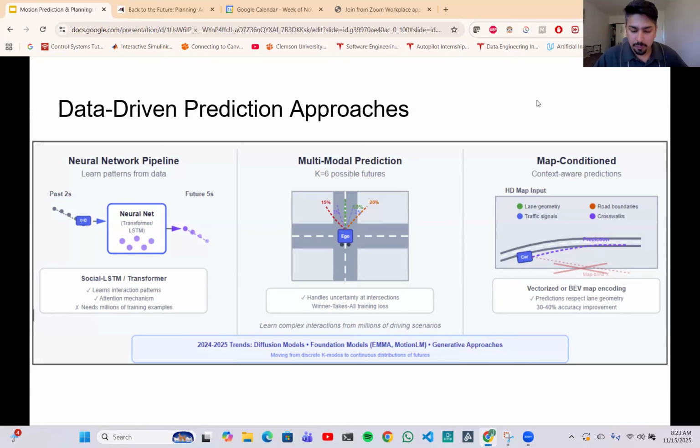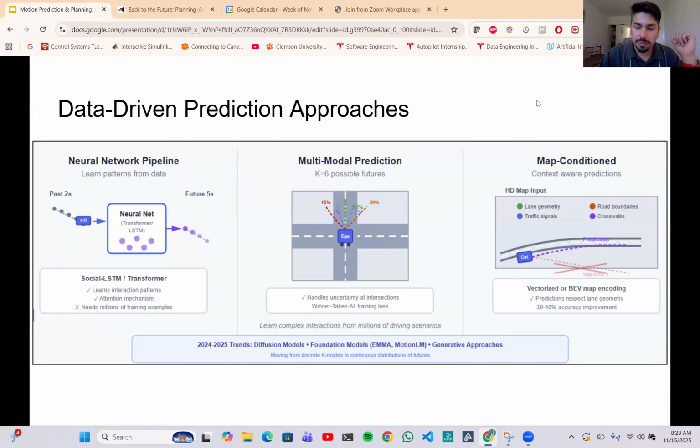But in this world, what we're talking about is more open loop predictions. These are just predictions for the other agents, and these do not take ego actions, which are the self-driving car's actions, into account. So the coupling of ego and the agent is not taken into account here.